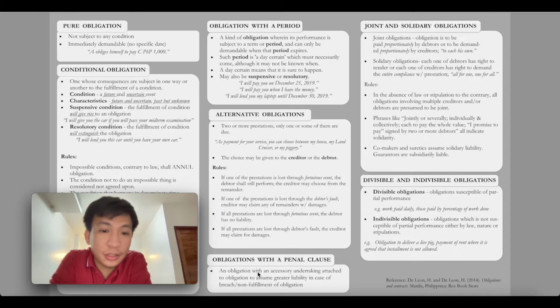So in that case, the law gives the creditor the choice to choose the others. Pero this time kasi kung nawala lahat, wala nang chance si debtor na makapag-fulfill ng kanyang obligation. So in this case, the debtor has no liability anymore.